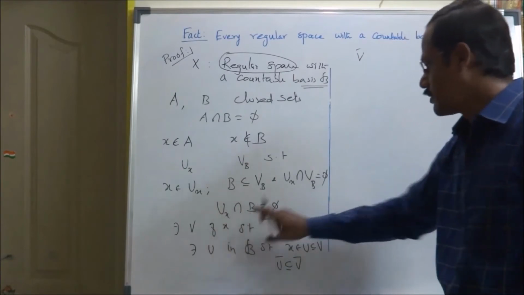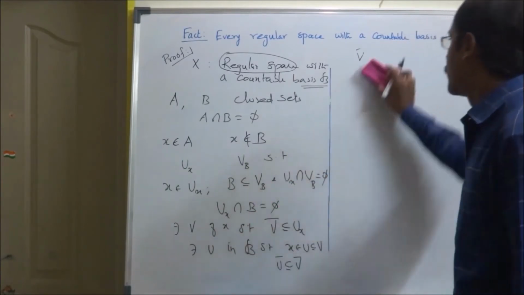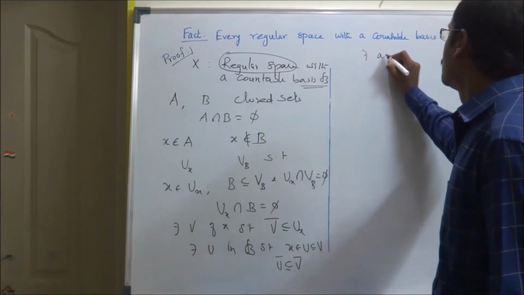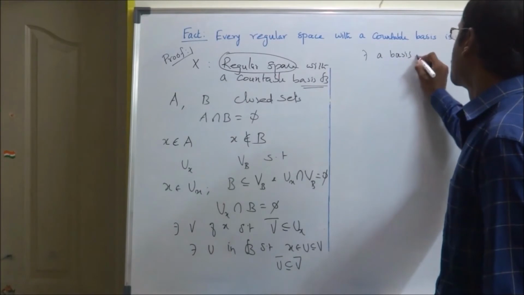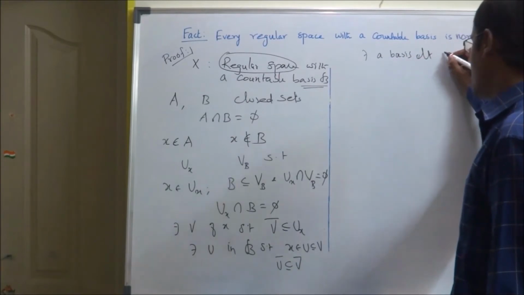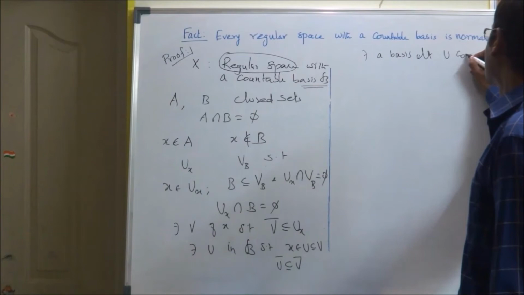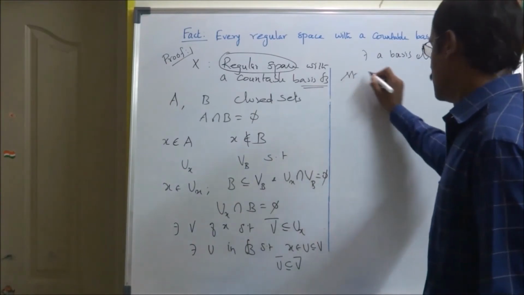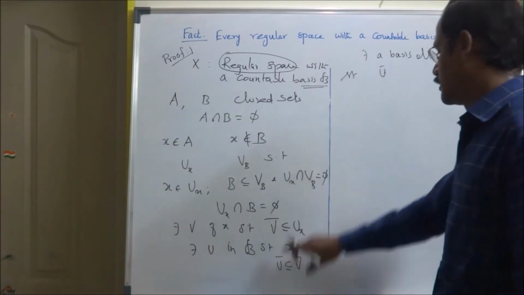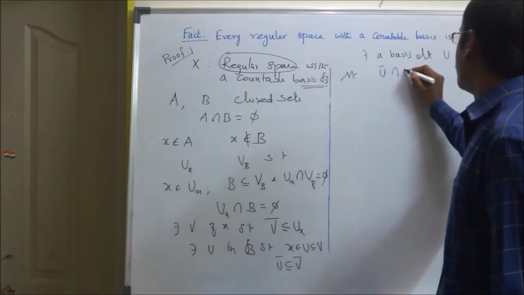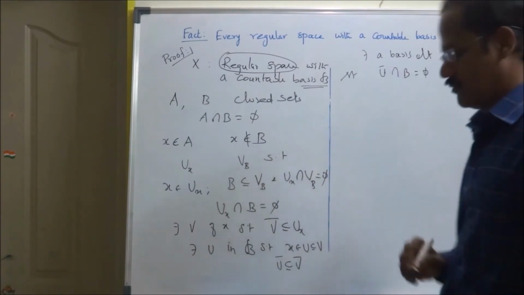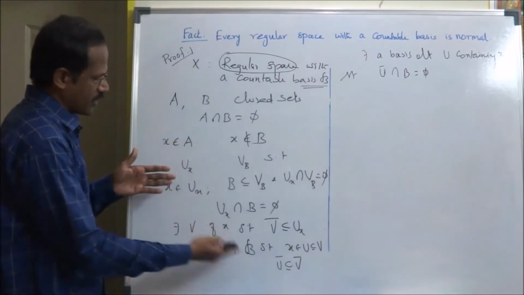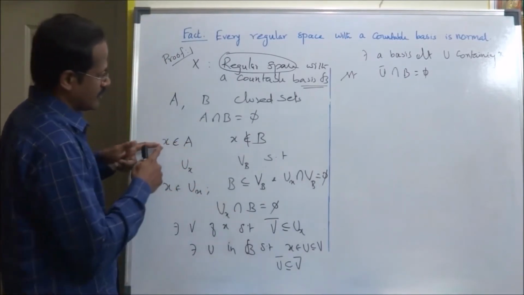That Ux is disjoint from B. Therefore, what we can write simply is there is a basis element U containing x such that U closure is disjoint from B. That is the way we are getting the basis element for each x in A.